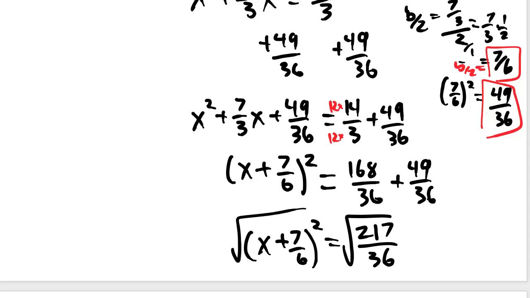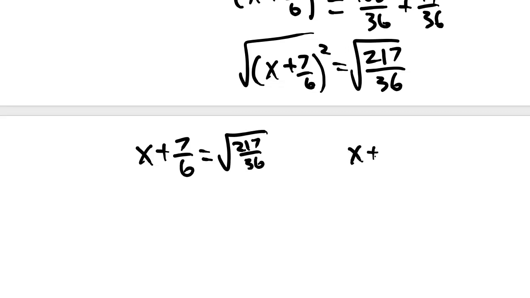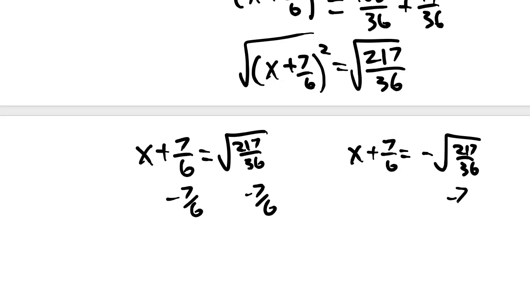Once you're at the perfect square form, you take the square root of both sides, and when you take a square root, it splits into two equations. x plus 7 over 6 equals, I'll just leave it in this form for now, the positive version of the square root of 217 over 36, and the negative version. Again, watch the other video where I break that down. You solve it the same way in both: minus 7 over 6, minus 7 over 6.